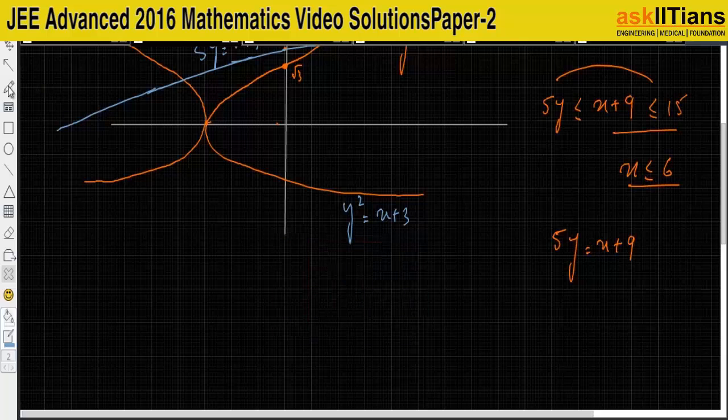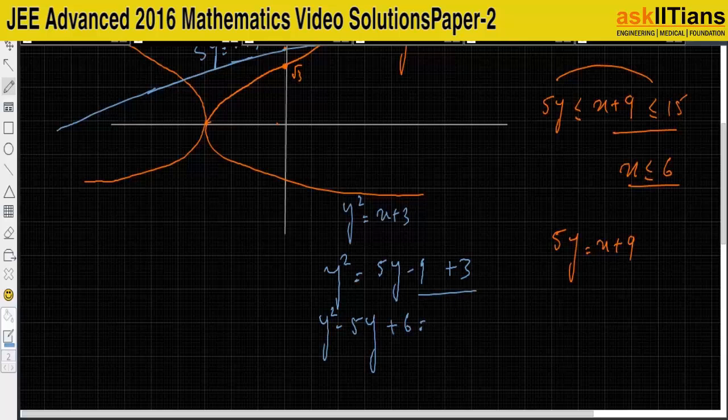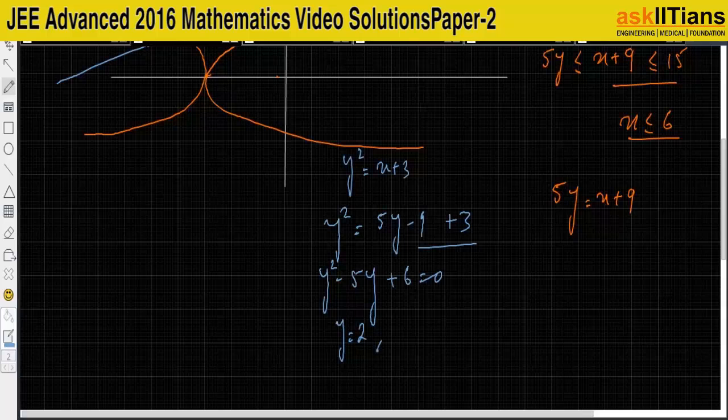So x is nothing but 5y minus 9, plus 3, is equal to y square. So y square minus 5y plus 6 equals 0, so from here I'll get y equal to 2 and 3. There will be two values of y, that's 2 and 3.